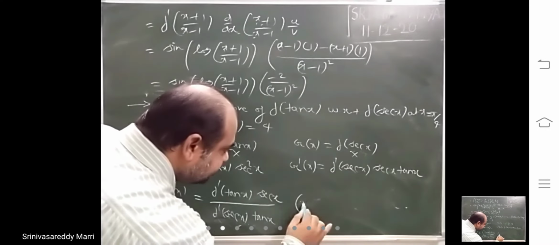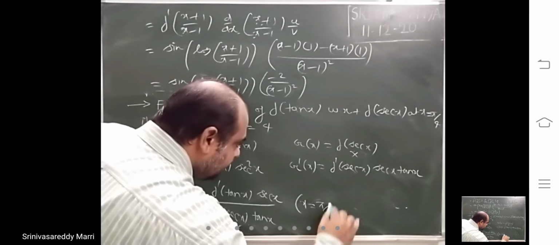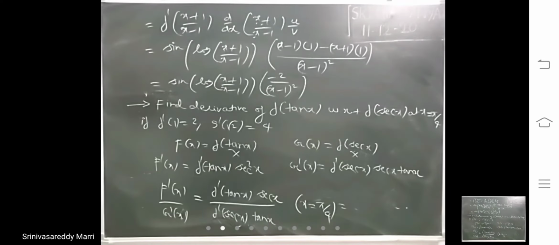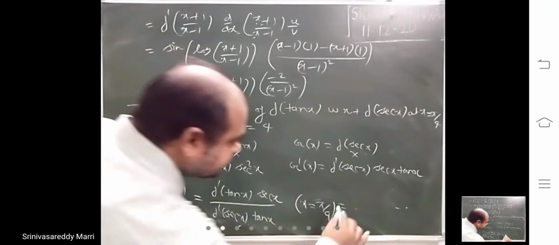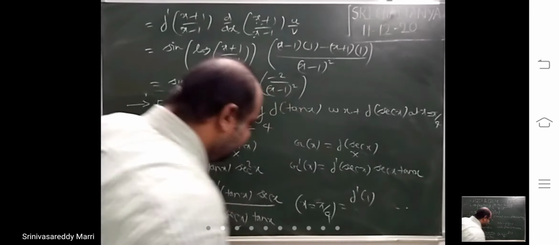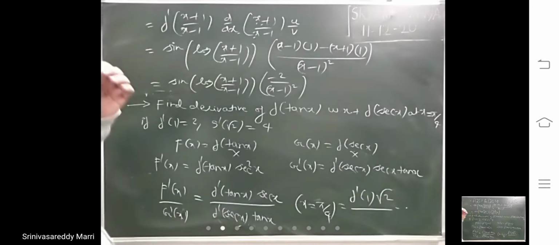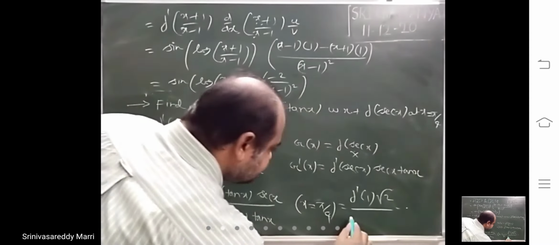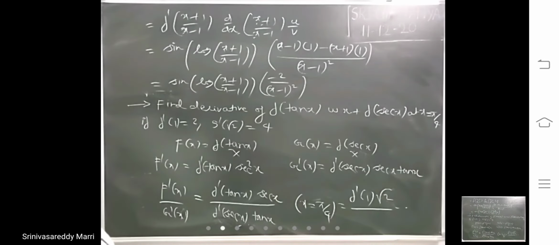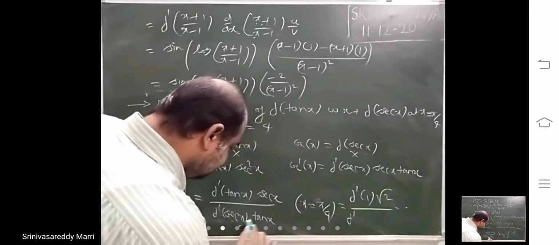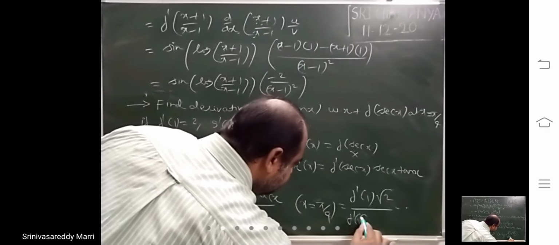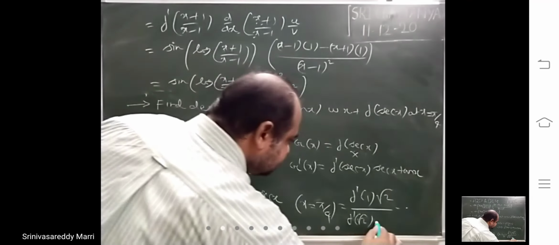So here substitute x equal to pi by 4. So what will you get? F dash 1 into secant pi by 4, which is root 2, divided by g dash, secant pi by 4 is root 2, into this is 1.